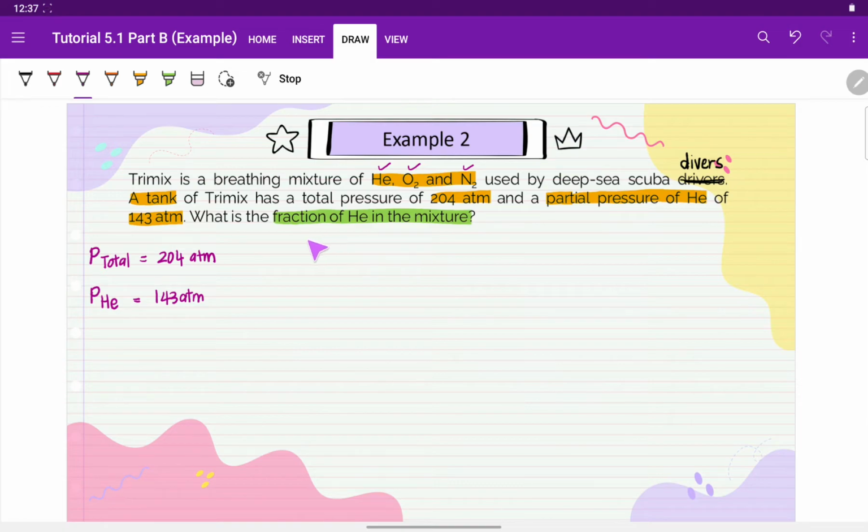The question asks to find the fraction of helium in the mixture. In other words, this question actually asks us to find the mole fraction of helium. Okay, so if you refer back to your equations, we have equations 1, 2, 3, 4, 5. Check your notes again. So, which equation has mole fraction?